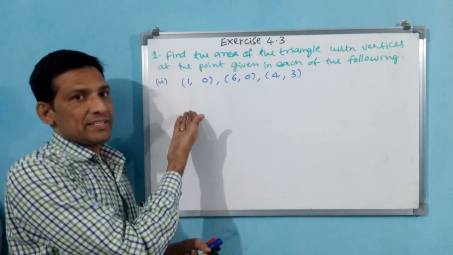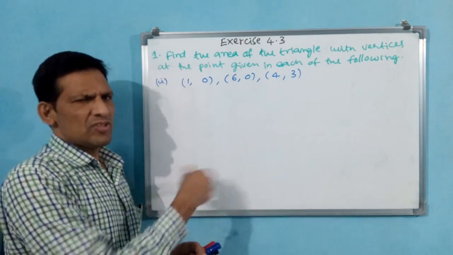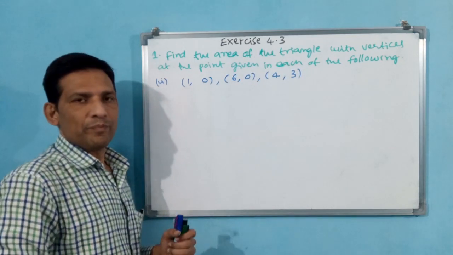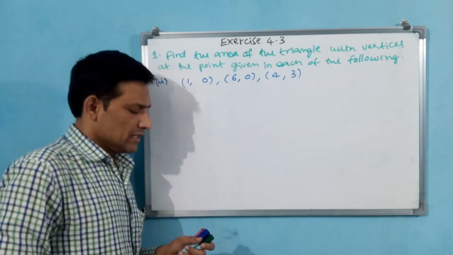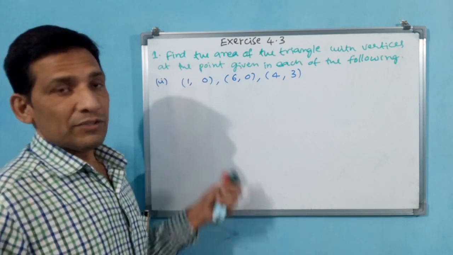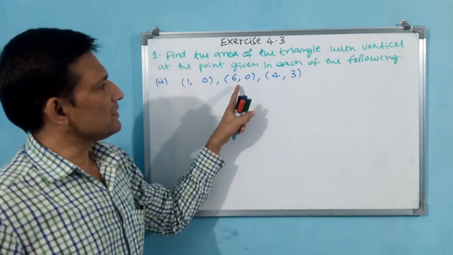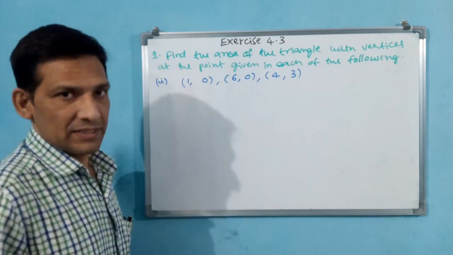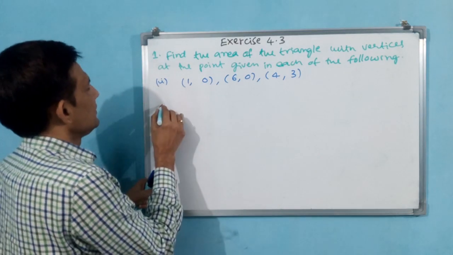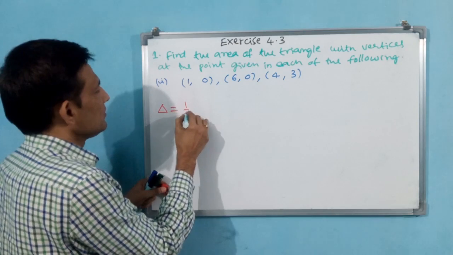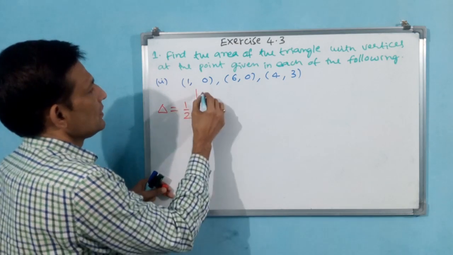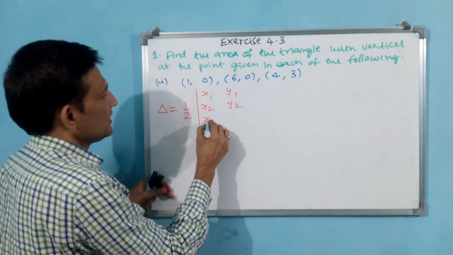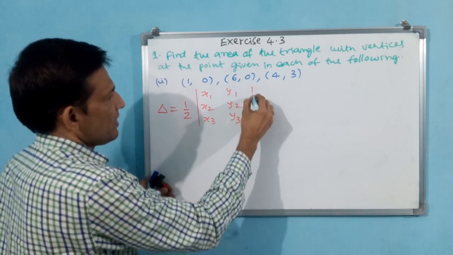See, they have given 3 vertices. Normally, triangle means 3 vertices will be there. (1, 0), (6, 0), (4, 3). Then how to find? This you have to take as x1 y1, x2 y2, x3 y3. Then first you write the formula of this triangle. Delta is equal to x1 y1, x2 y2, x3 y3, then 1 1 1.